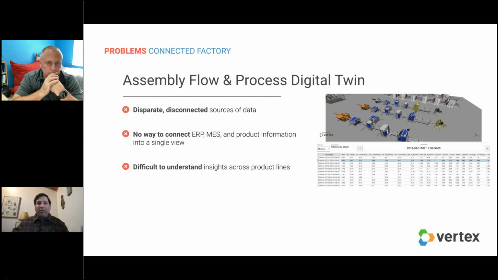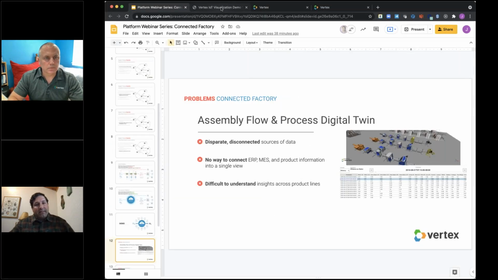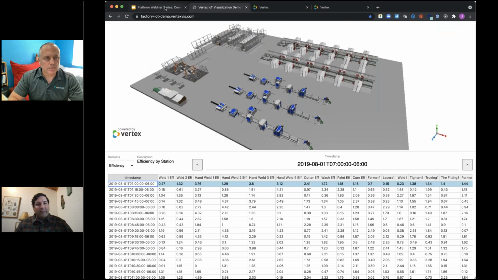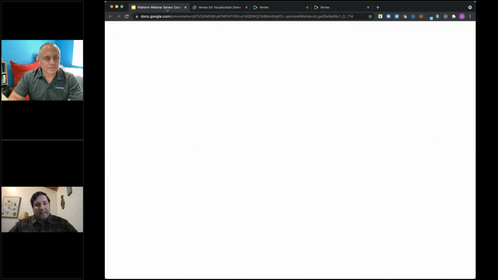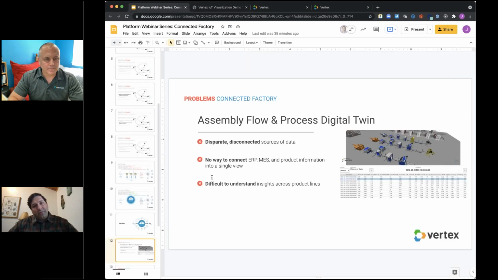And you've got all of this data coming in and it's very difficult to connect. Leading into that second bullet point there of being able to effectively understand that, Jim will give us a demo here of how we bring that data together to enable insights.